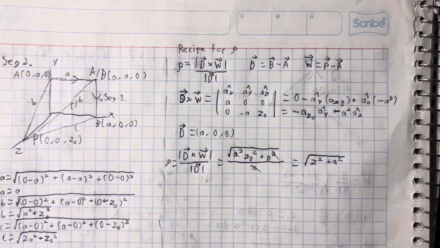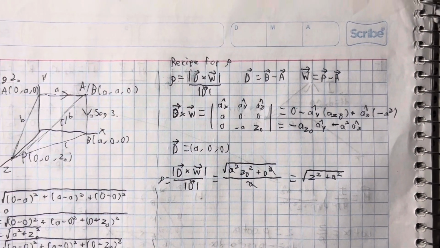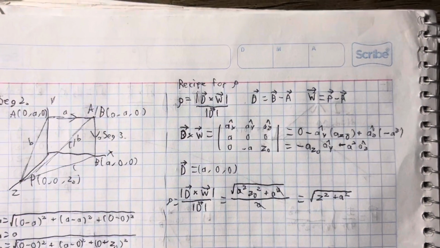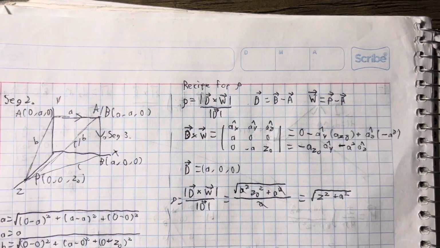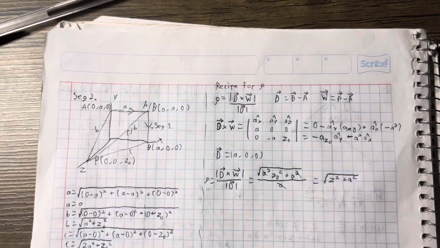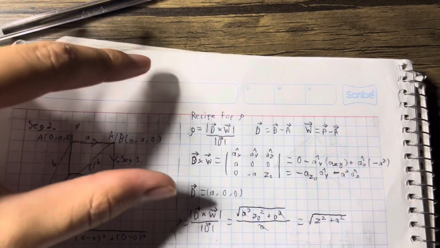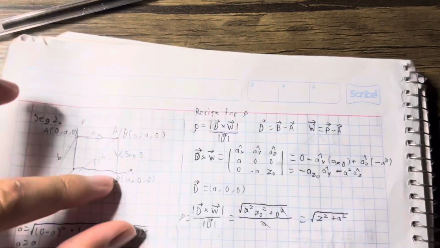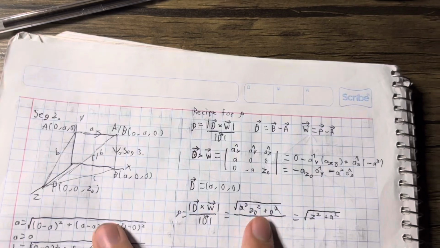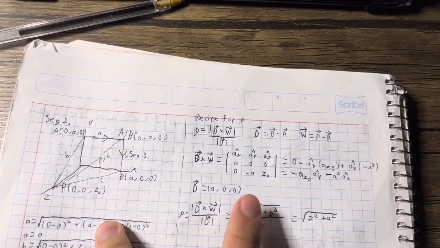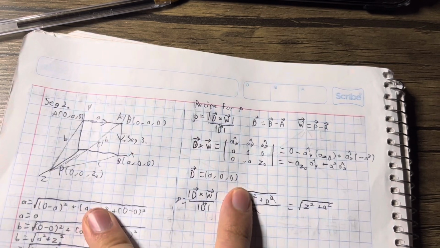That letter is just a random letter we chose in class, but I use the same. Basically, the director vector is the difference between B and A, to get this side of the triangle, and the other vector goes from A to the point, which is also a difference.